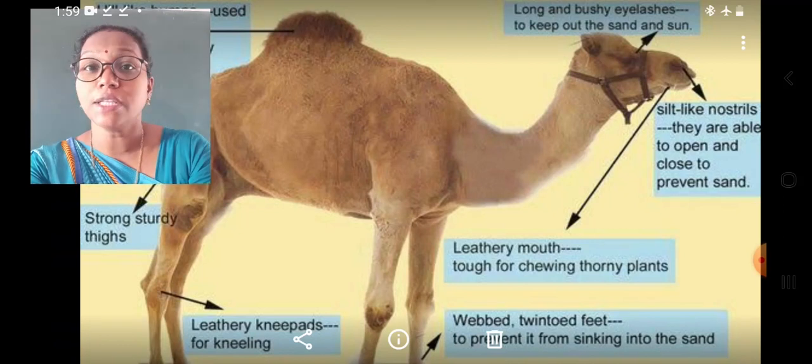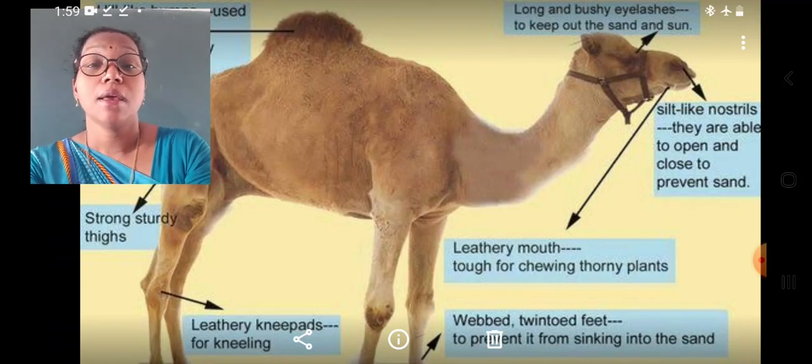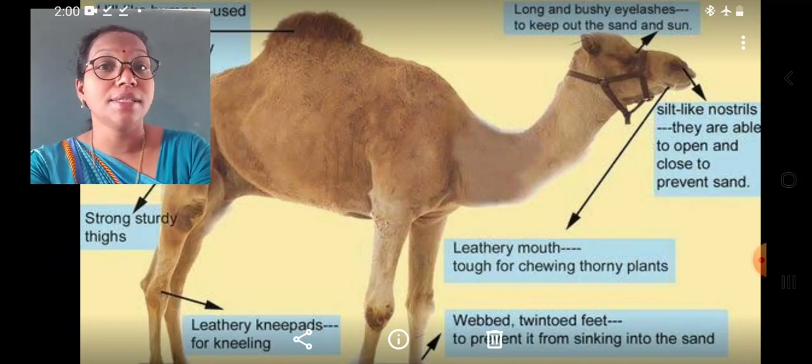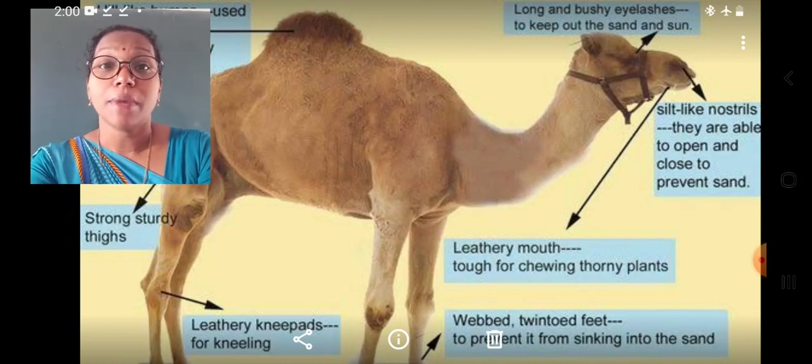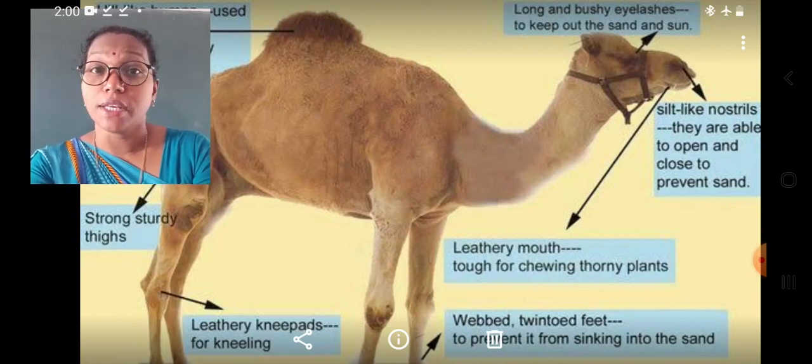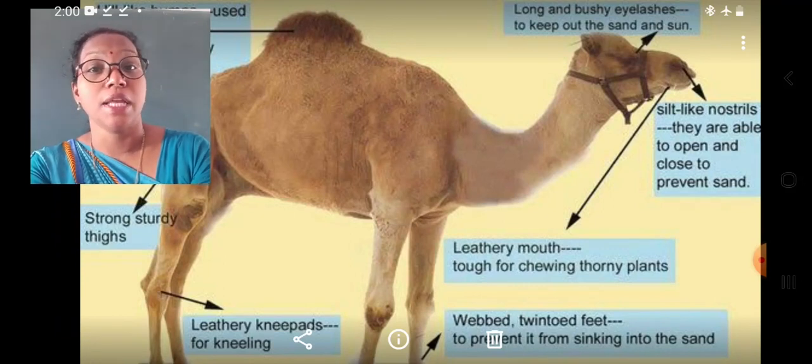The broad feet of the camel prevent it from sinking in the sand and it can easily walk on the sand. The leathery knee pads are for kneeling. When there is a sandstorm, the camel kneels down to protect itself. So the leathery knee pads help them for kneeling.